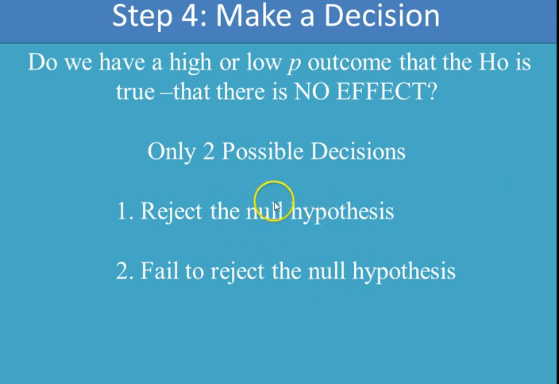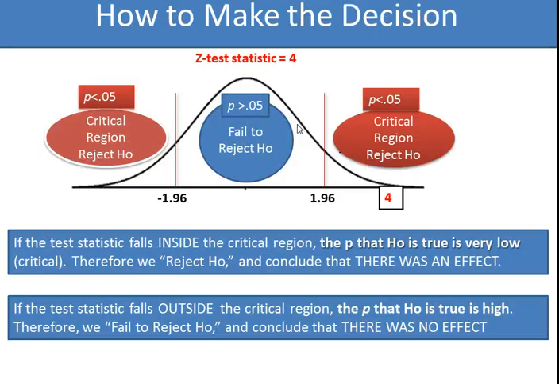But again, before we make one of these two possible decisions, we have to first answer this question: do we have a high or low probability outcome? And to answer that question, we have to actually go back to step two, to when we set the critical regions and we divided our distribution of sample means into areas of low probability, which we called critical regions, and areas of high probability.